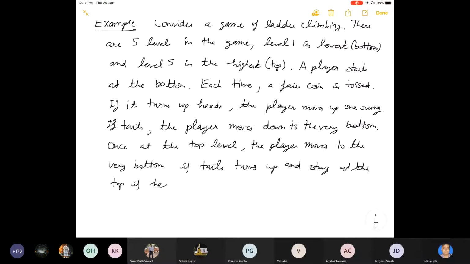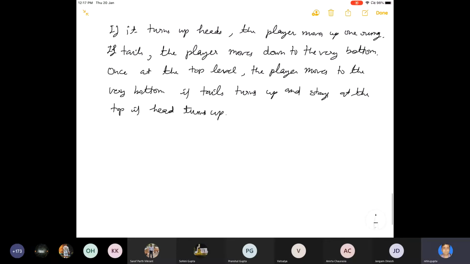Let Xn be the level of the game in the nth step or transition.